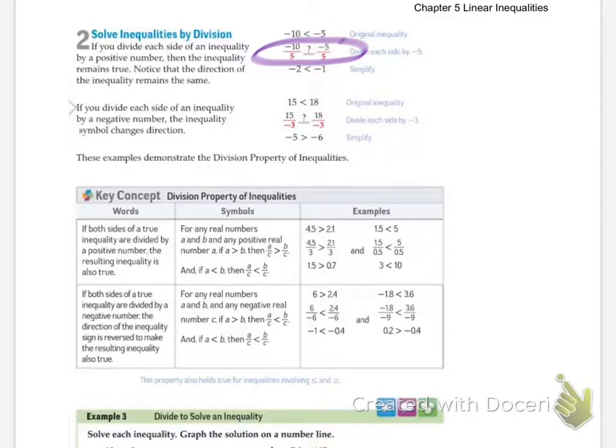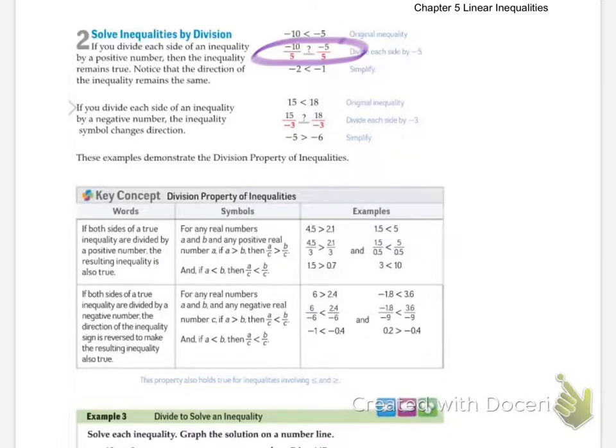Then we can repeat this process with division. The only difference is if we are dividing by a positive number, such as we had -10 is less than -5, then if we divide by 5 on both sides, we'd get -2 is still less than -1.